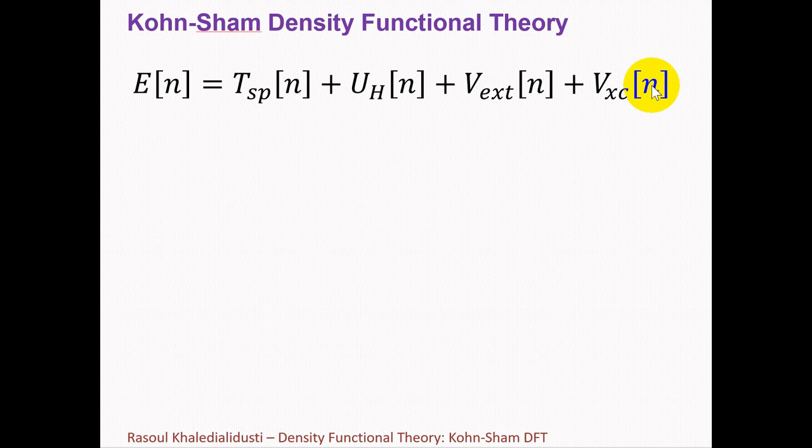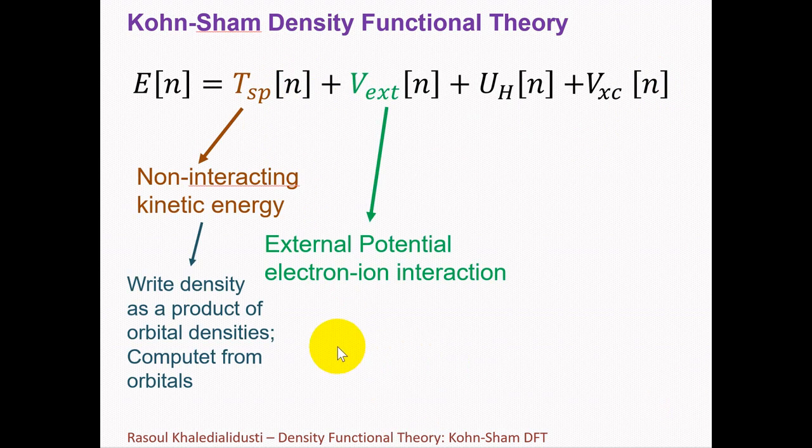Let's start with the first term, that is the kinetic energy. Kohn-Sham proposed a non-interacting kinetic energy, and the reason is simple. If we write the electron density as a product of orbital densities, we will be able to obtain the kinetic energy of the non-interacting system from those orbitals.